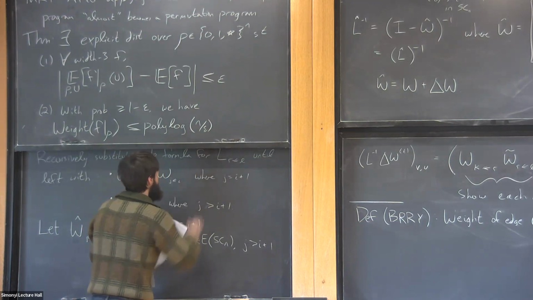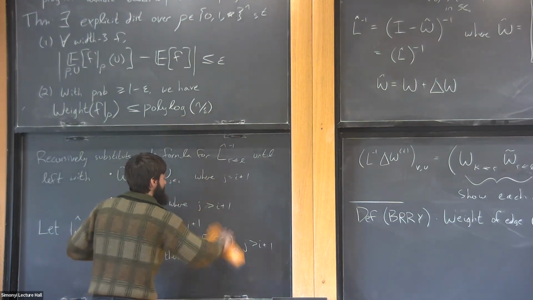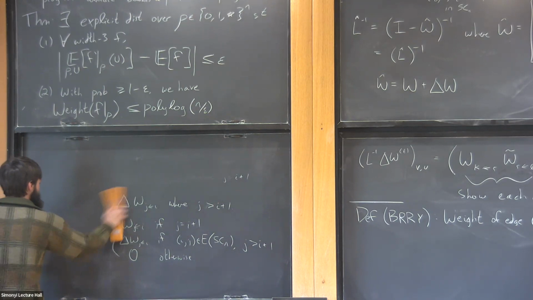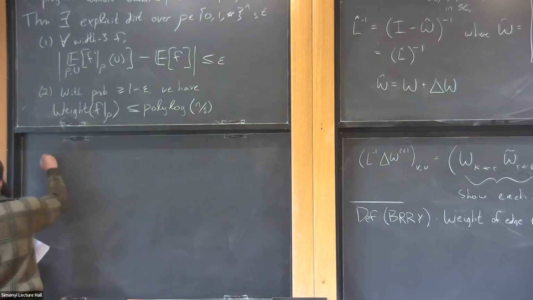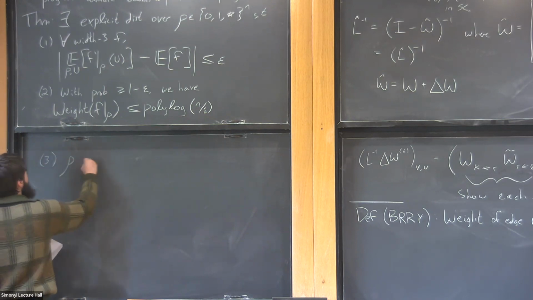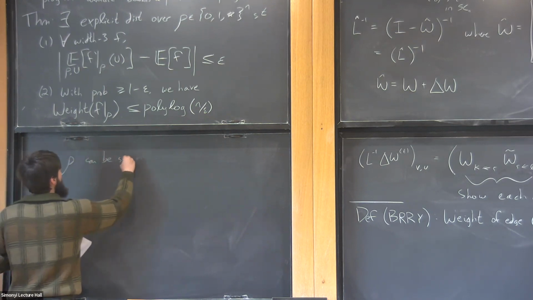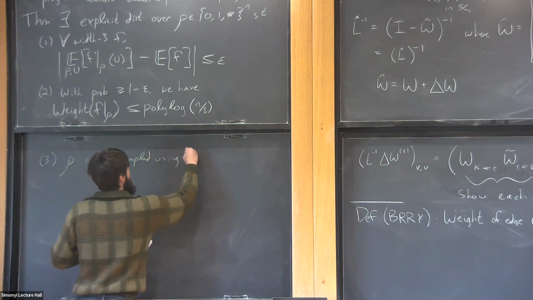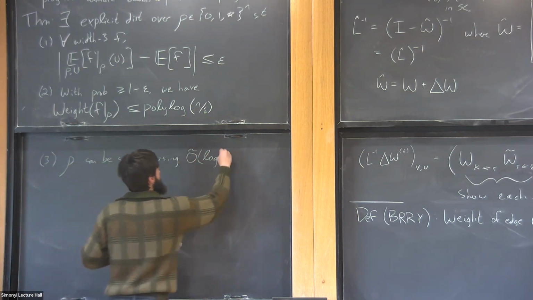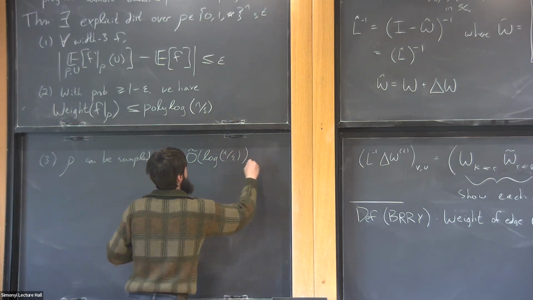And then finally, as Avi said, this restriction is low cost. Rho can be sampled using log n over epsilon truly random bits.